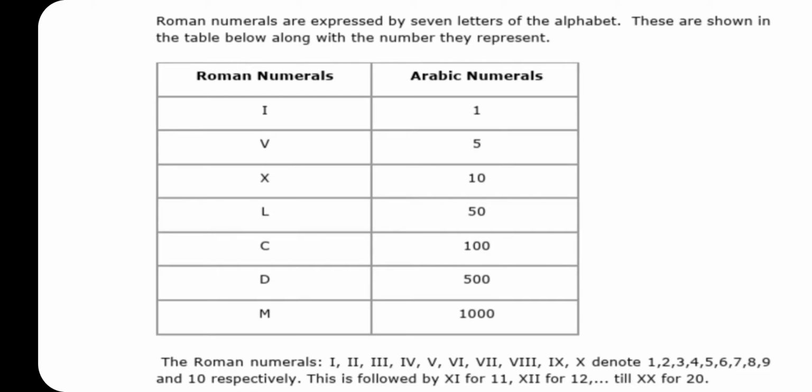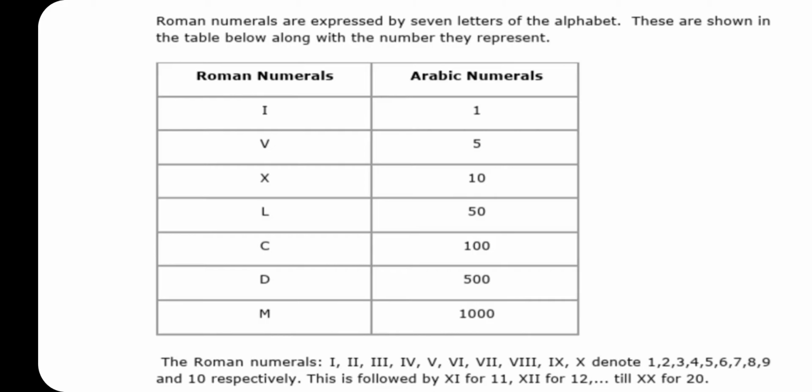The Roman numerals, where you have single I, double I, triple I, then V, V and I, V with double I, V with triple I, and X, denote 1, 2, 3, 4, 5, 6, 7, 8, 9 and 10 respectively.